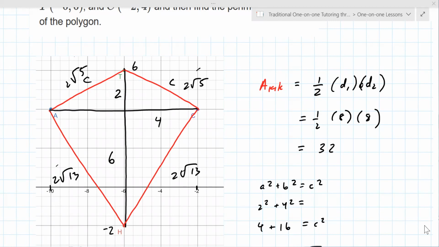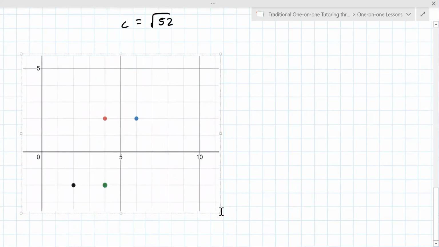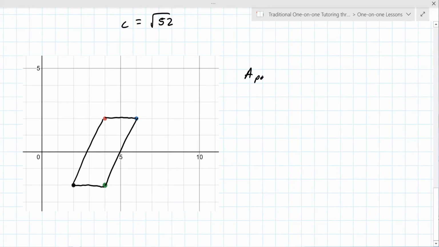So the next one, it's the same thing. We got to find the perimeter and the area. If I draw connecting lines here, this is your parallelogram. What's the area of a rectangle? Area of a rectangle is base times height.